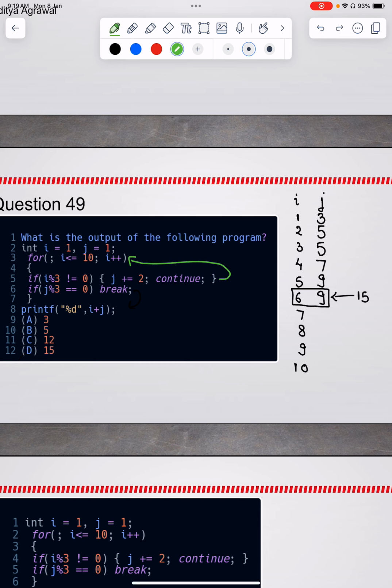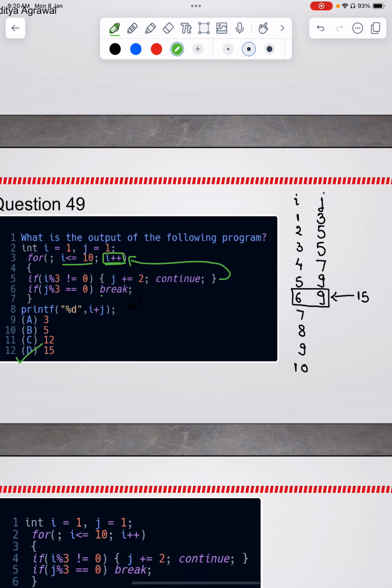Few people might be confused as to why we are not doing the increment. The increment present here only happens when a loop body has been executed successfully. The typical flow of the loop is: the initialization expression is executed once, then the condition is checked, the loop body is executed, and after that the increment expression is executed.